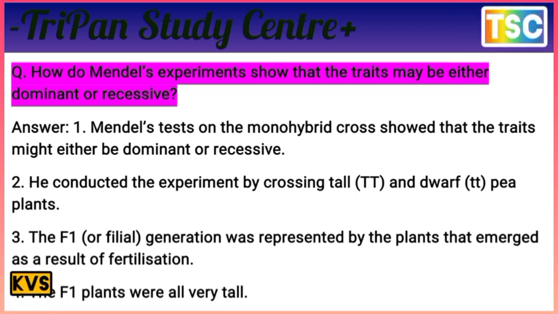He conducted the experiment by crossing tall, capital T, and dwarf, small t, using pea plants.